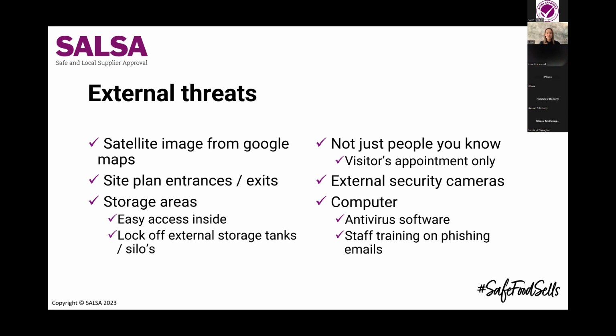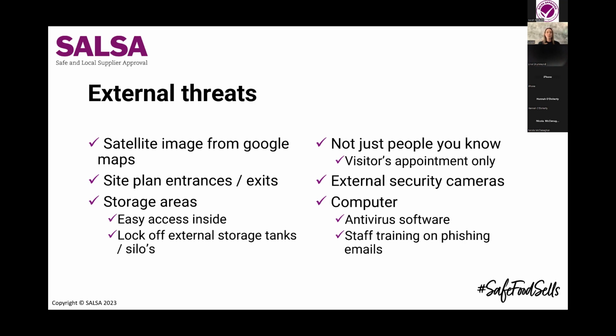So think about your computer systems. How secure is your antivirus software? We hear all the time about people sending phishing emails, so train people that have access to your computer systems. If they get an email, do they know what is meant by a phishing email?